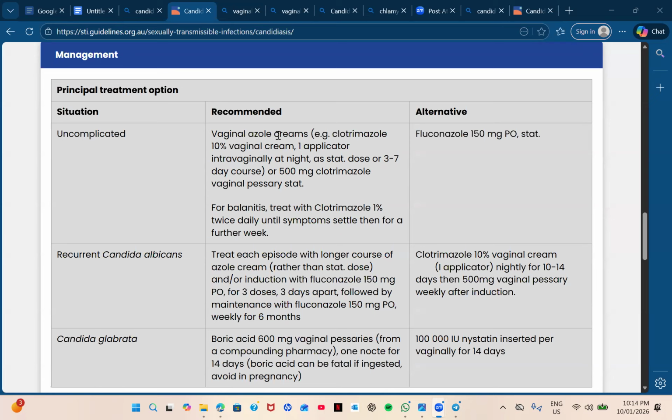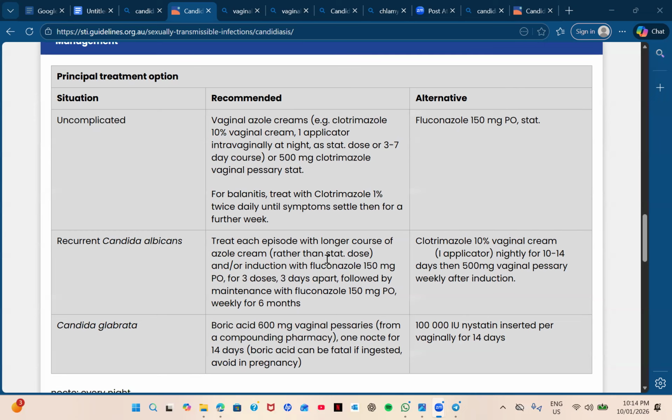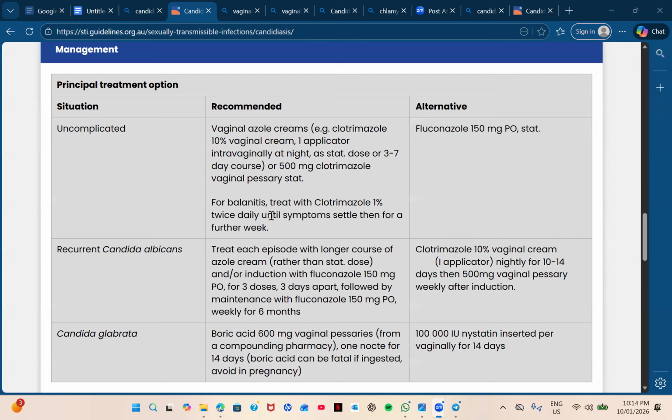Vaginal azole creams, for example clotrimazole 10% vaginal cream, or a 500 milligram clotrimazole vaginal pessary stat. For vulvitis, treat with clotrimazole 1% twice daily until symptoms settle, then for a further week.